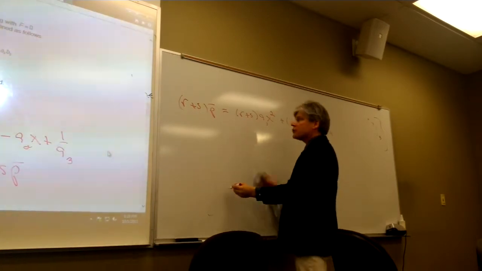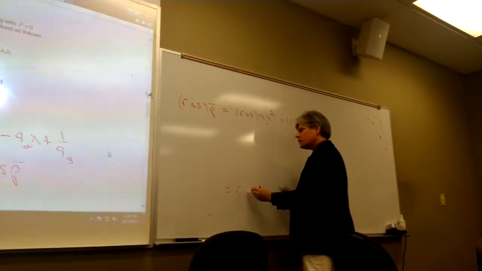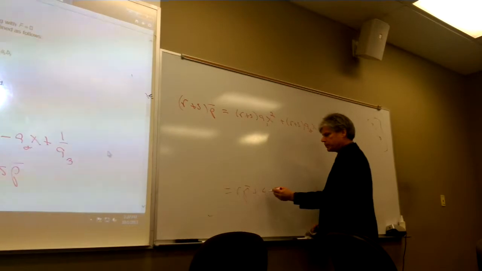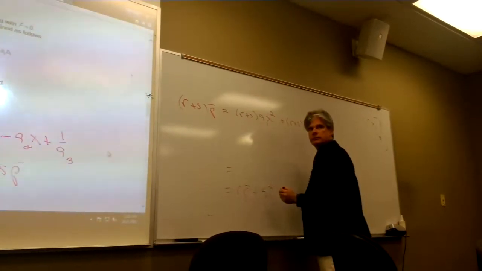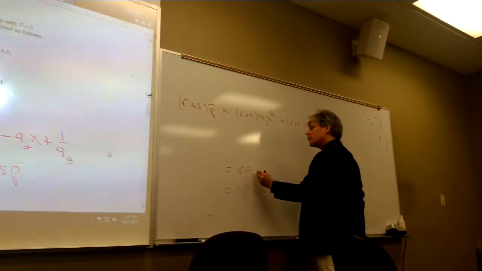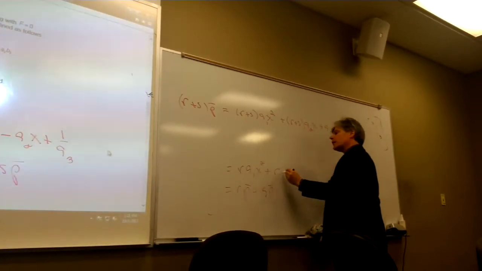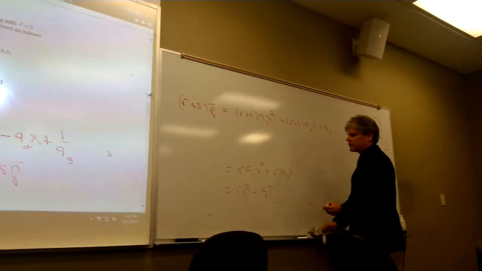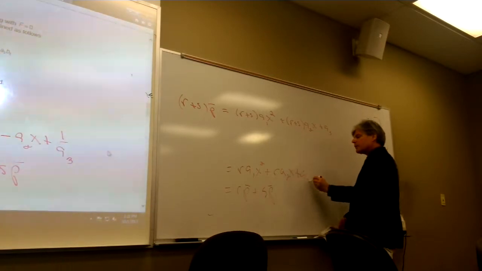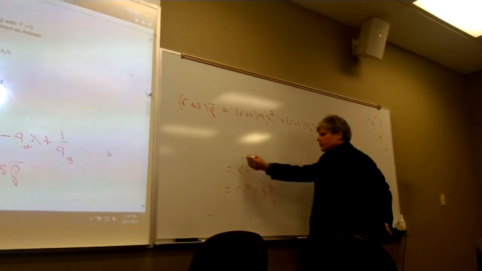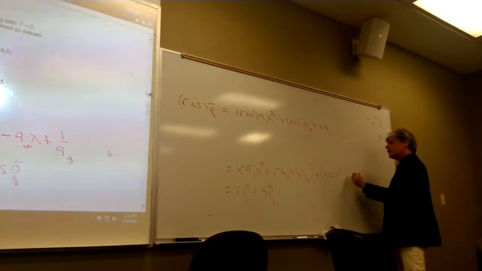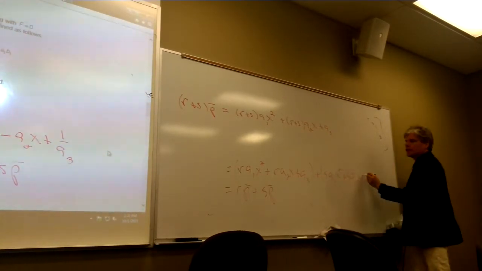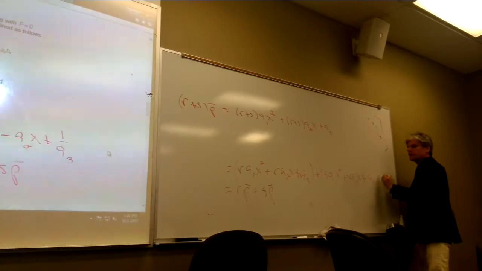But if I check what happens when I look at RP bar plus SP bar, that gives me RA1x squared plus RA2x plus my A3, plus my SA1x squared plus SA2x plus A3.